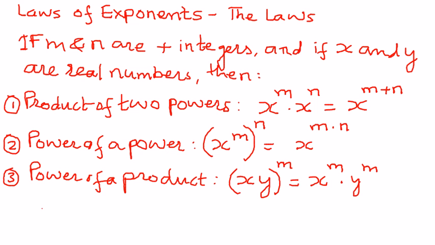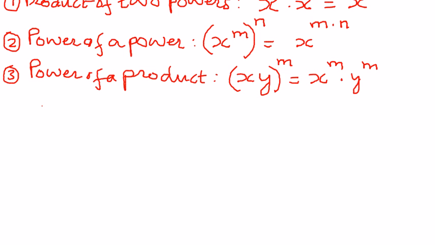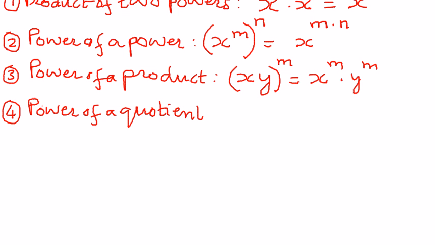Okay, so let's state some more rules in here. The fourth rule is power of a quotient. A quotient is like a ratio.